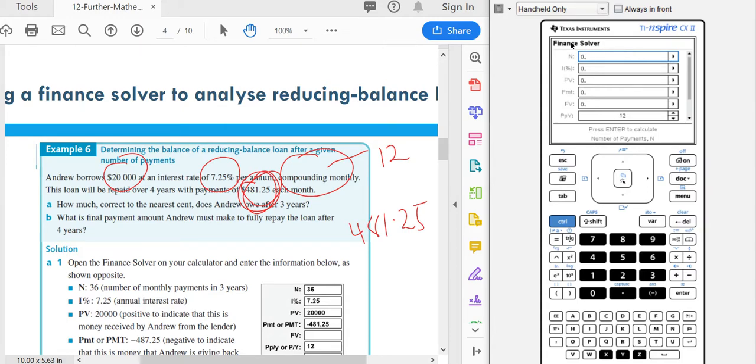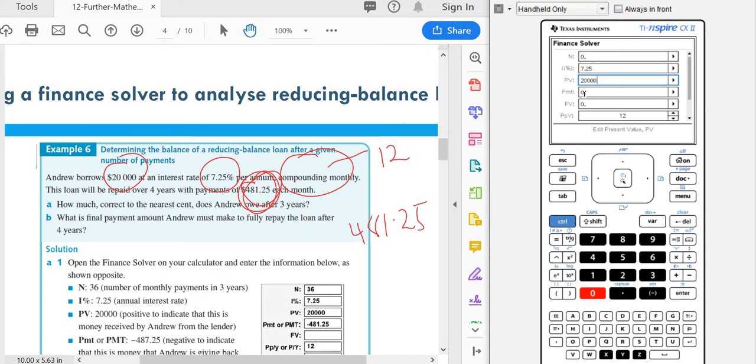We've got our interest rate we can put in, that's 7.25. We know the present value: Andrew borrows, so the bank is going to give him money, it's a positive, so positive 20,000 goes into that one. Then we've got to pay $481.25 each month.